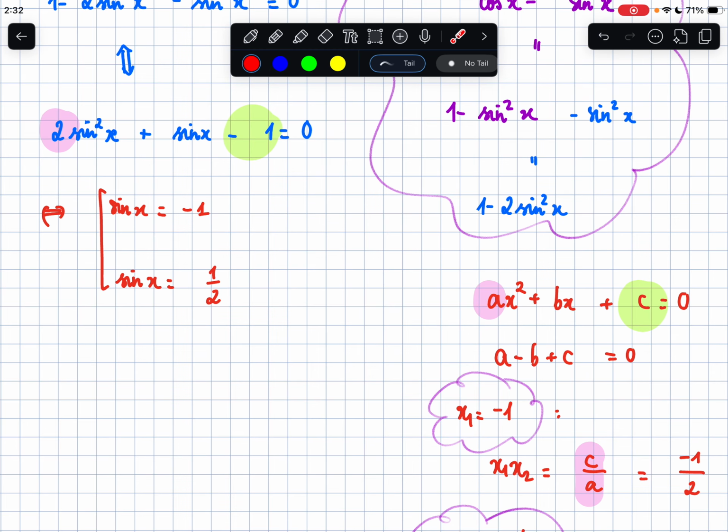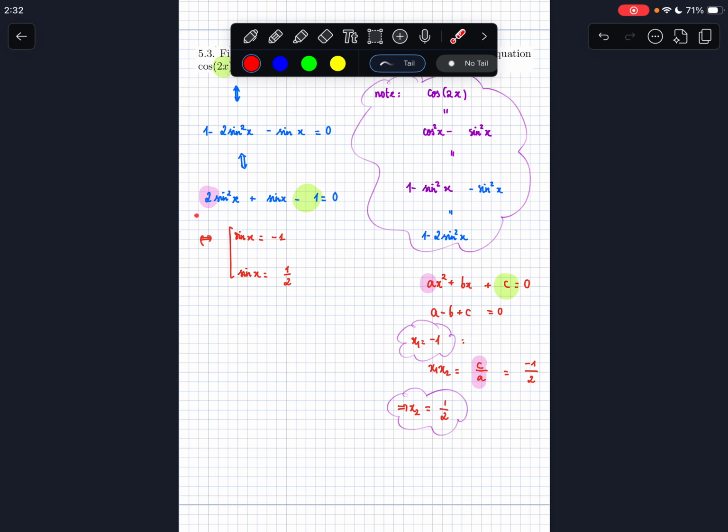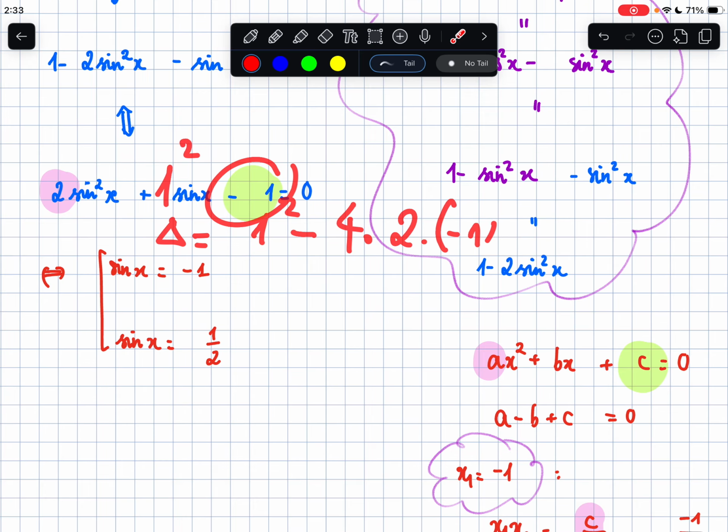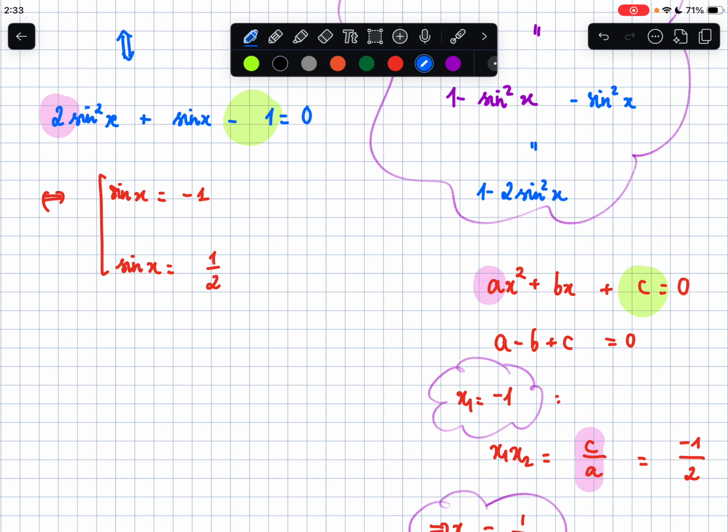If you don't know the trick, you can just solve it. Compute delta: 1 square minus 4 times 2 times minus 1, so 9.